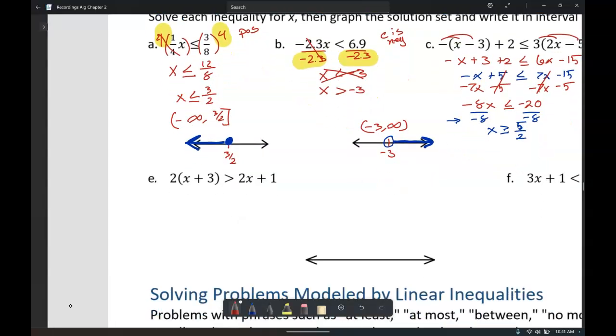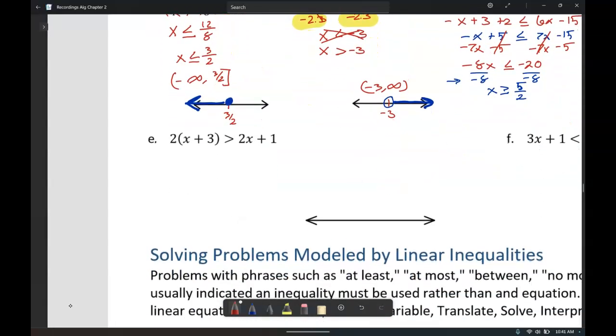Now we've got two more, and these are going to be very special. We have special equation solutions. We also have special inequality solutions. So we distribute: 2x plus 6 is greater than 2x plus 1. And we'll go ahead and subtract 2x from both sides.